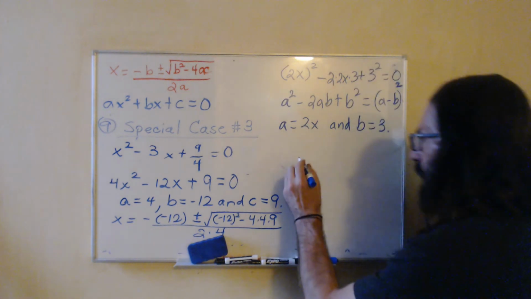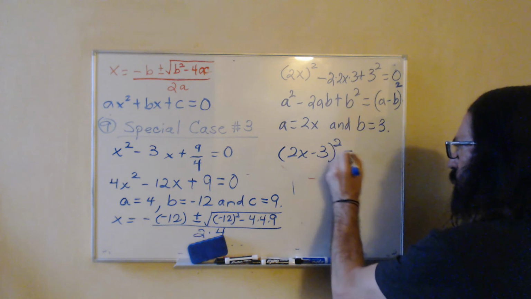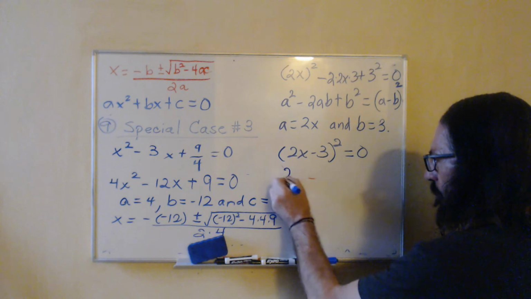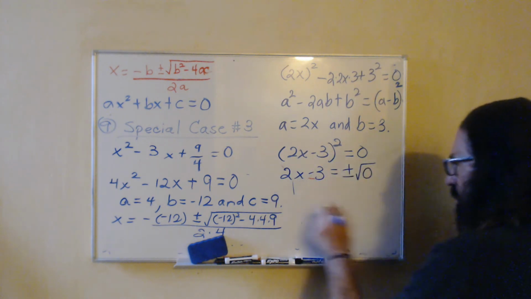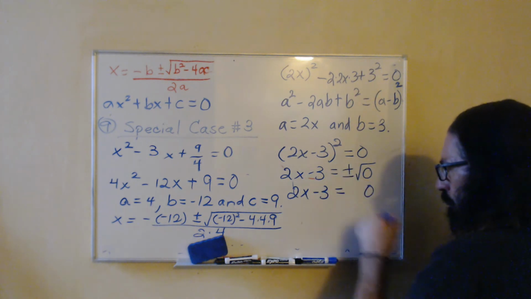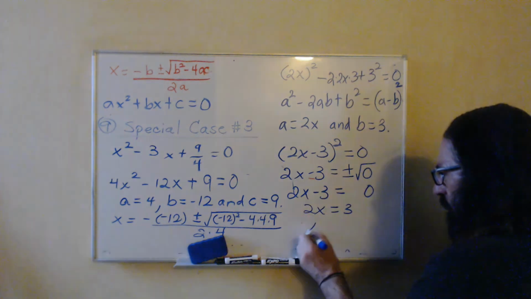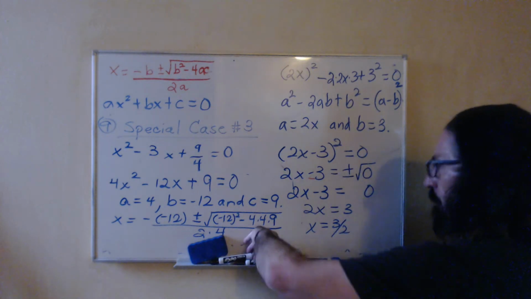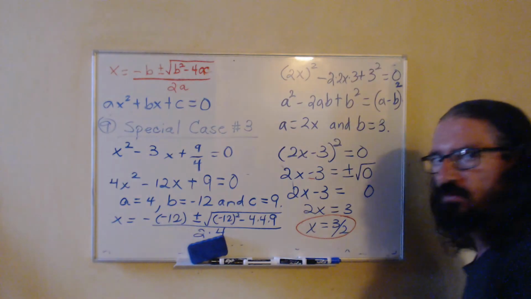We could have factored that as the quantity 2x minus 3, that quantity squared equals 0, and applied the square root property, canceling the squaring on the left, not forgetting the plus or minus. 0 has no sign, so 2x equals 3, and x equals 3/2, same solution. So notice how we're only getting a single answer there.